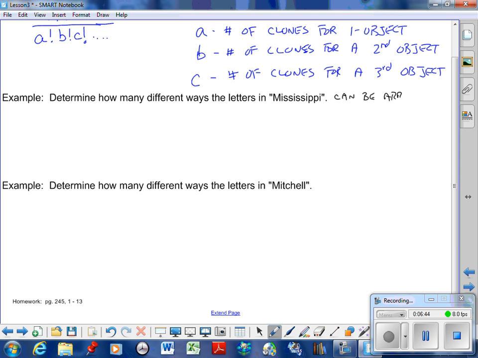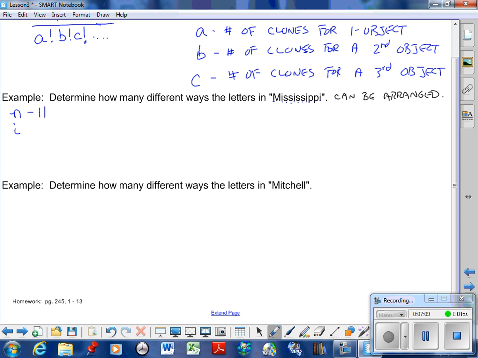You're going to have lots of repetition there because of the S's and the I's. So we figure out total number of objects here. So n would be 1, 2, 3, 4, 5, 6, 7, 8, 9, 10, 11. So I have 11 objects. And what I'm going to do is use the matching variable, I guess.